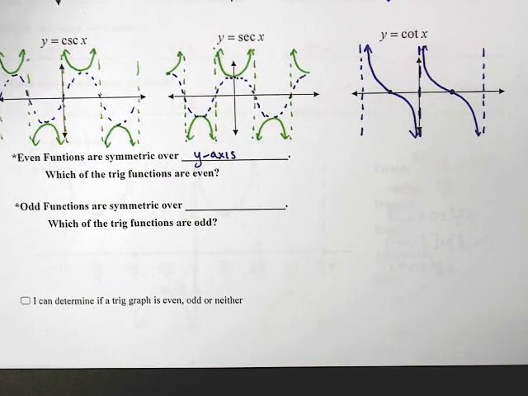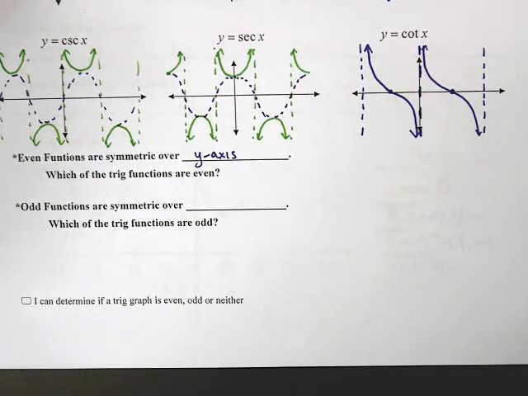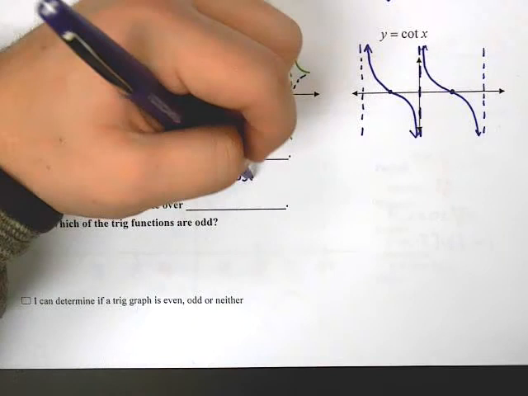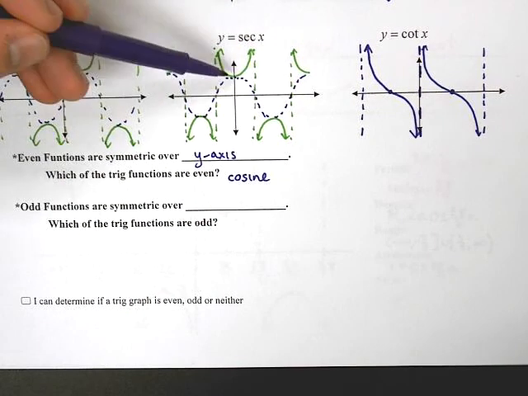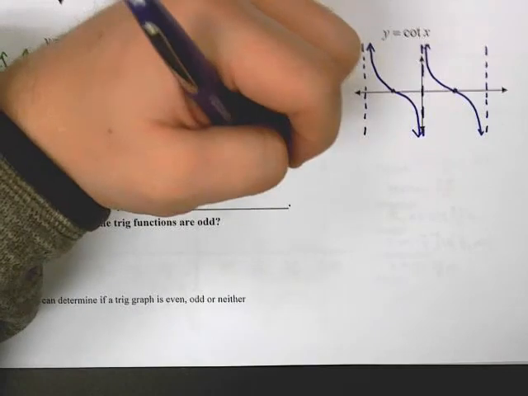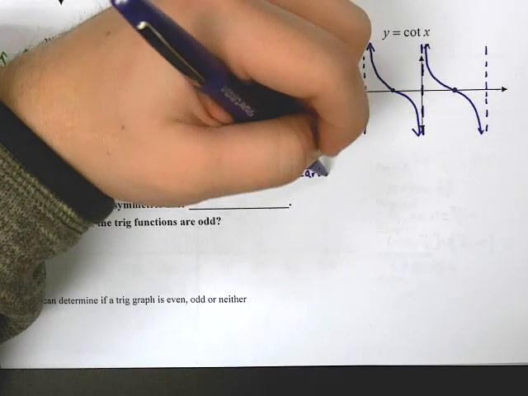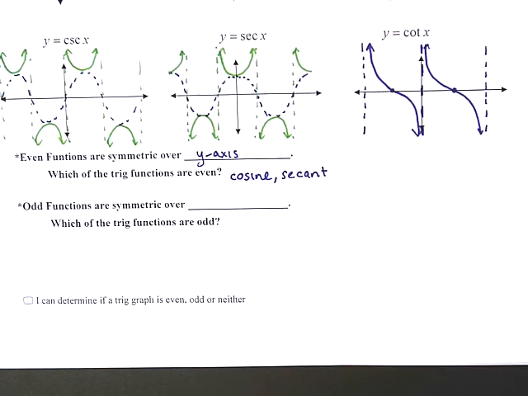It would not flip onto itself. Cosine looks good. Cosine for sure. Not tangent. Tangent would not flip over the y-axis. Oh, secant. Alright, secant would flip over to itself. So it's the cosine and secant functions that are even functions.